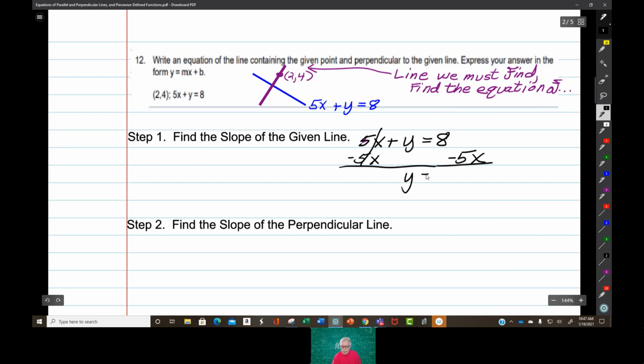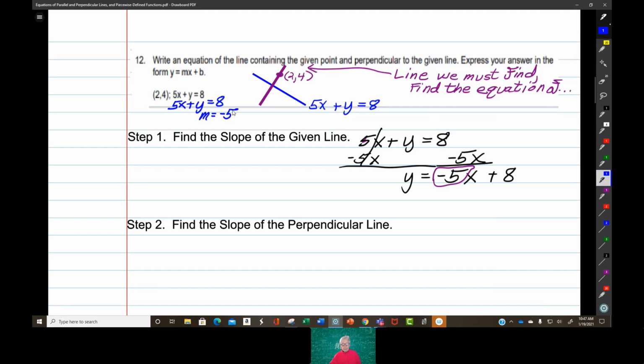So I'll have y equals negative 5x plus 8, and I can see immediately that the slope of the given line is negative 5. So the slope of 5x plus y equals 8 is negative 5.